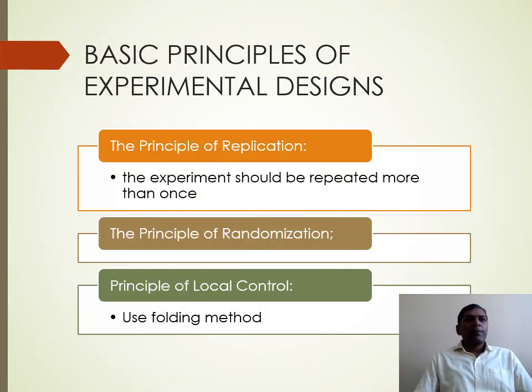Next is basic principles of experimental design. Three principles we have defined here. The first is the principle of replication. The experiment is always done on some particular factor, some particular input data.